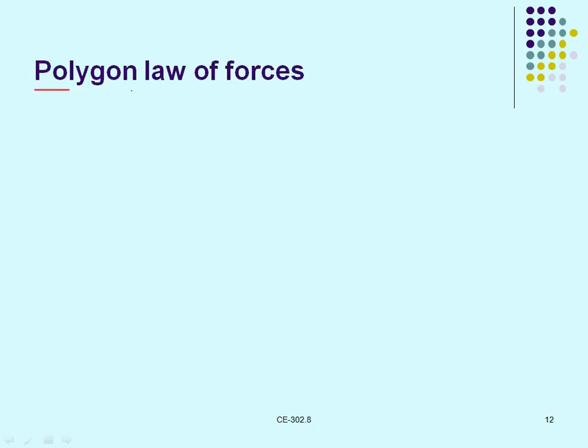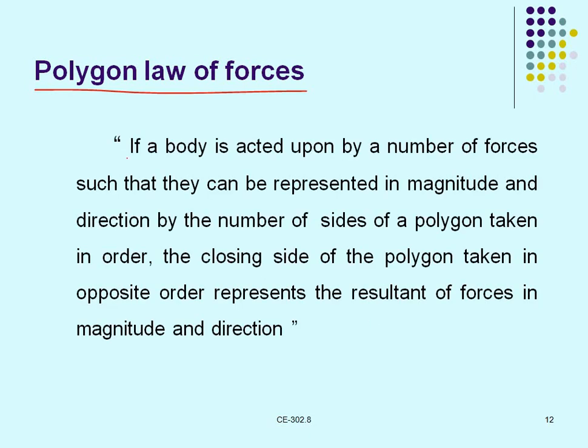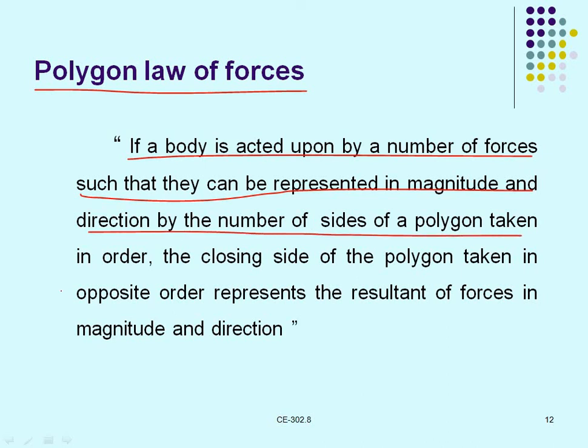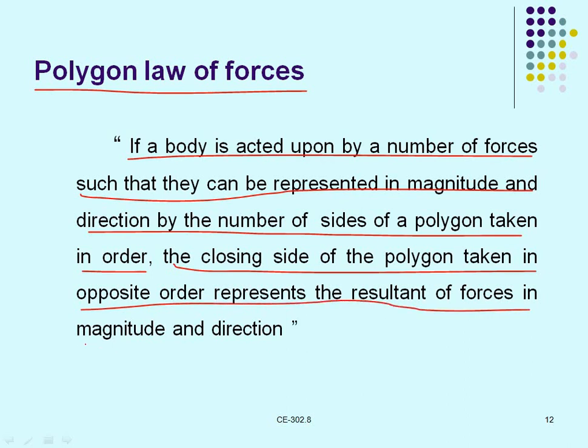Next one is the Polygon Law of Forces. If a body is acted upon by a number of forces such that they can be represented in magnitude and direction by the number of sides of a polygon taken in order, the closing side of the polygon taken in opposite order represents the resultant of forces in magnitude and direction.